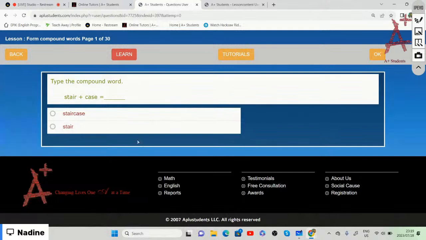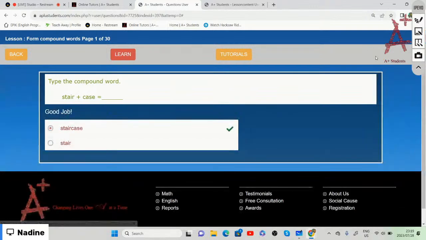All right, so if we choose the compound word, we can say stay plus case is staircase, right? So we created a compound word, staircase. If you have staircase, well done.